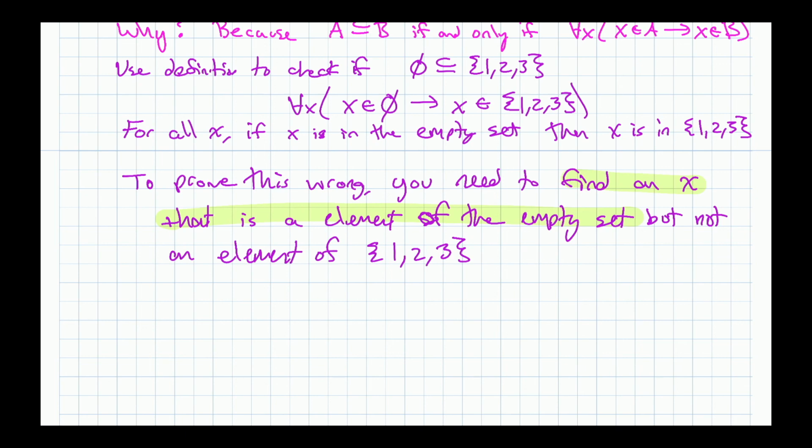So that's impossible, right? The empty set doesn't have any elements. So how could it have an element that's not in B?